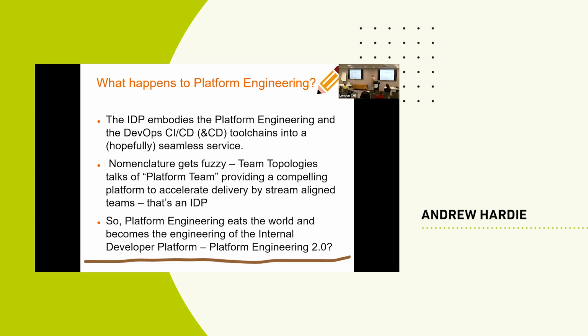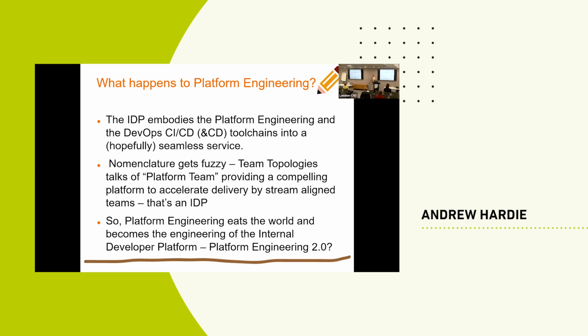Okay, so it employs both platform engineering and DevOps. So the nomenclature gets a bit fuzzy here. Team Topologies talks of 4 kinds of team, one of which is the platform team, providing the compelling platform to accelerate the delivery by streamlined teams. That's an IDP, although the book doesn't call it that.